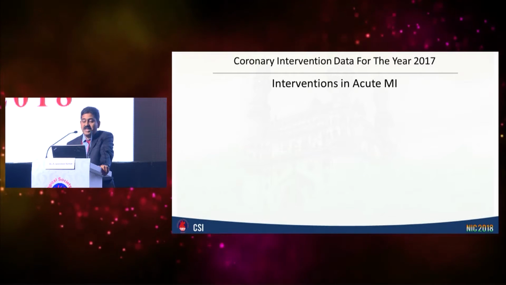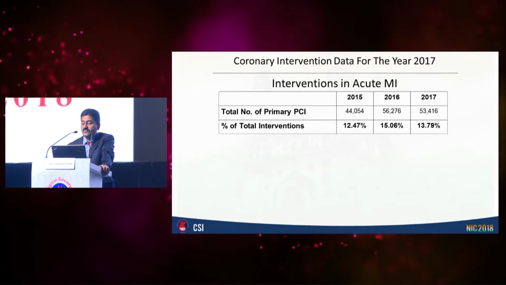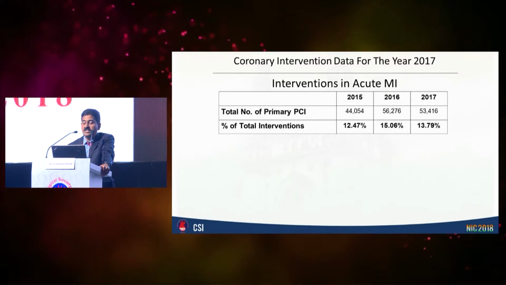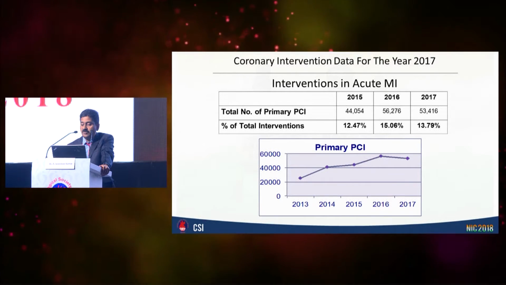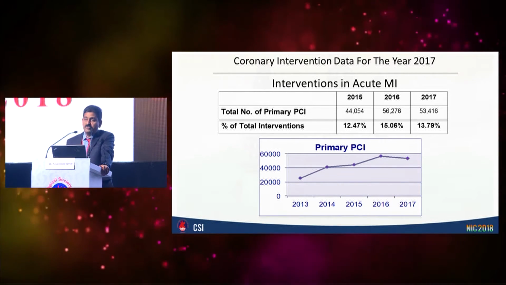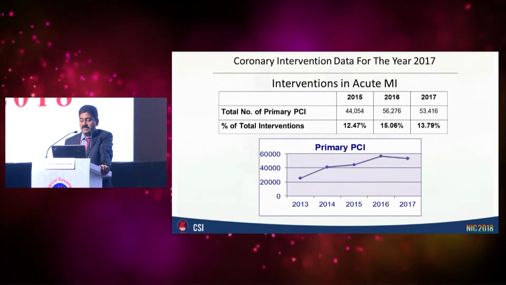Coming to the interesting aspect of interventions in acute MI, we had about 53,416, slightly less than what we had in earlier years. It doesn't mean that numbers have come down, but some of them are being taken up for pharmacoinvasive strategy with better lytic therapy, which would actually have come into the post-MI phase.